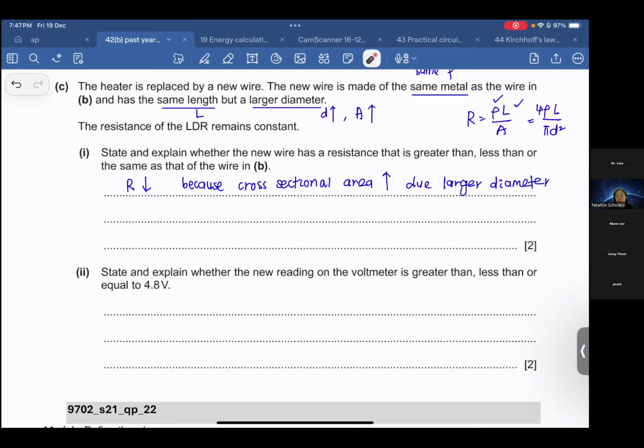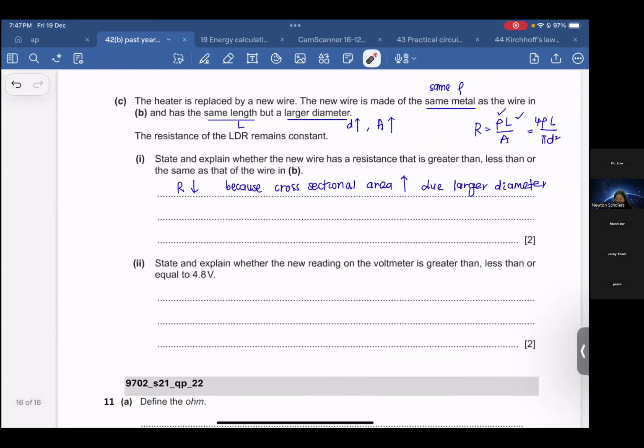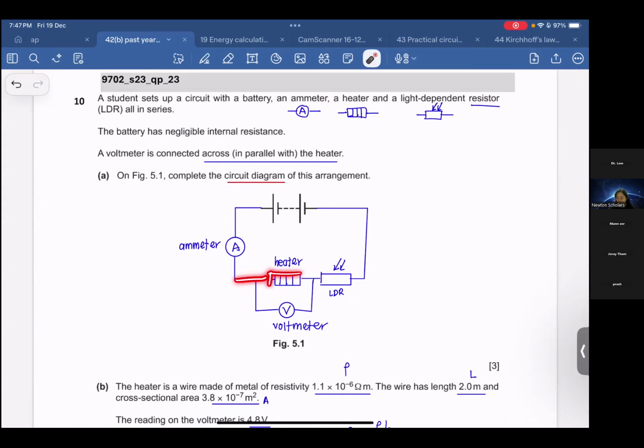So the new reading on the voltmeter is less than 4.8 volt. Yes, dear, when you are using a larger diameter, your resistance will decrease. So when your resistance decreases, you can explain this based on the potential divider. They share voltage. So if this resistance decreases, it will get less share. So Vashini's answer is correct.